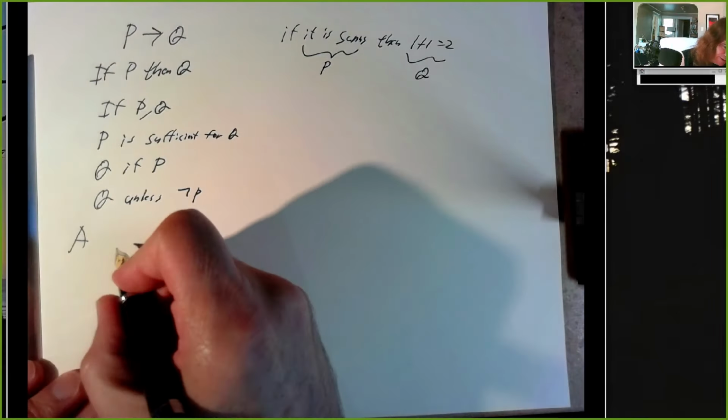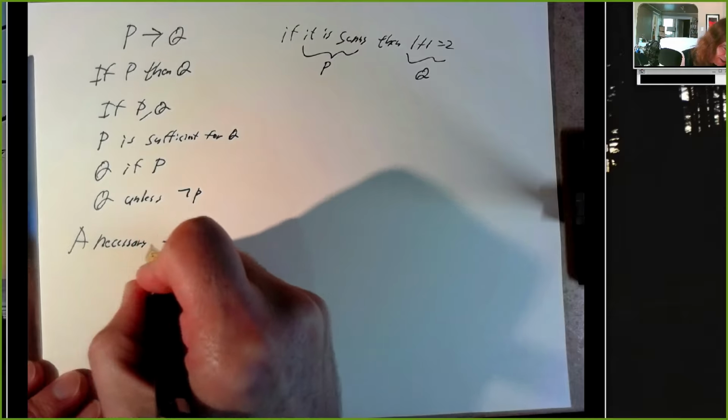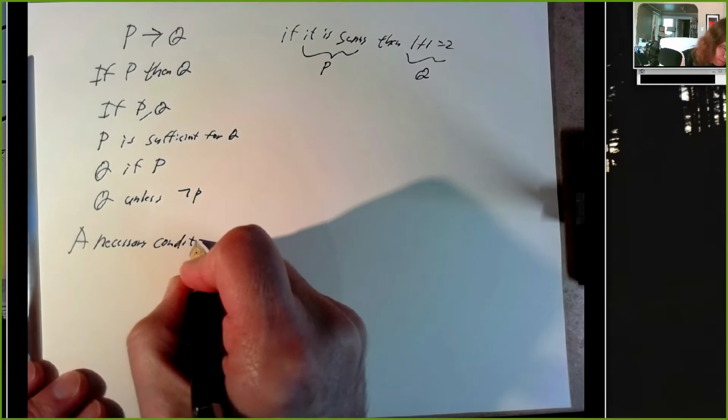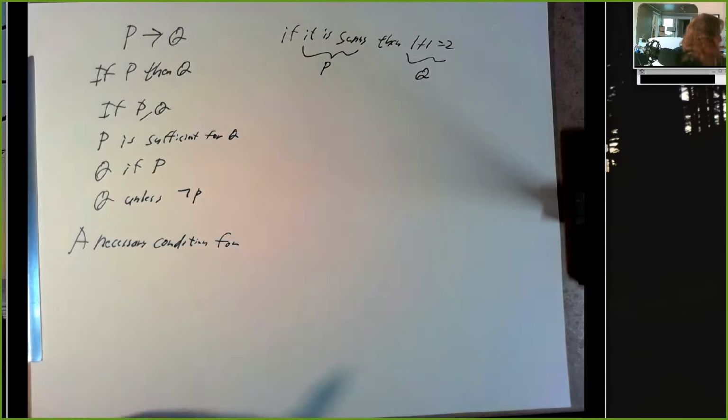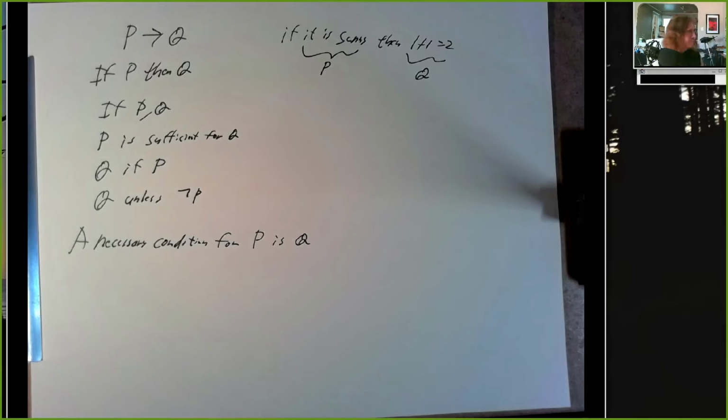Okay, here's a real noodle baker. A necessary condition for P is Q. A necessary condition for it to be sunny is 1 plus 1 equals 2.